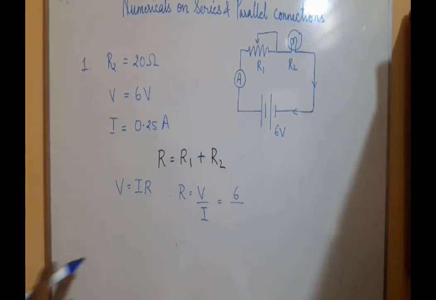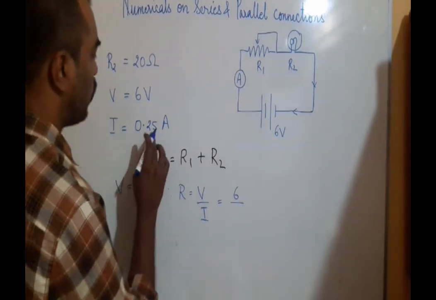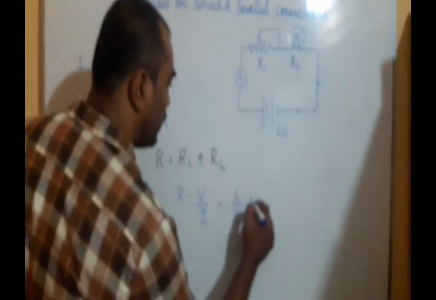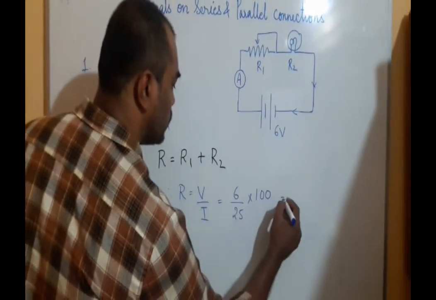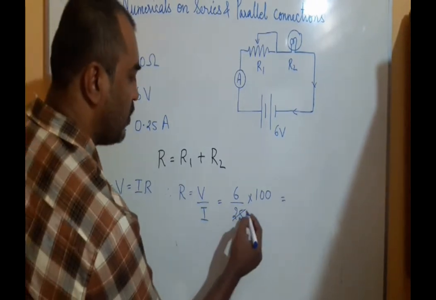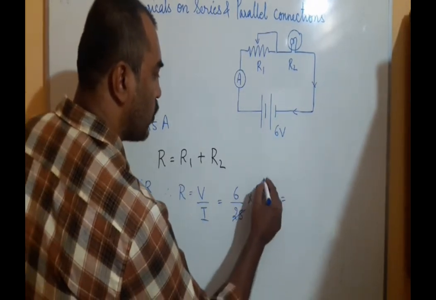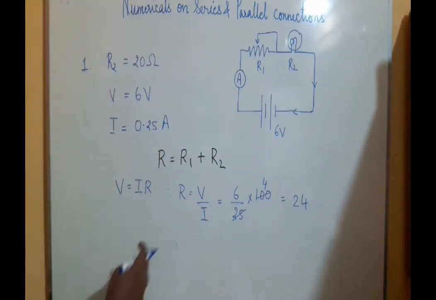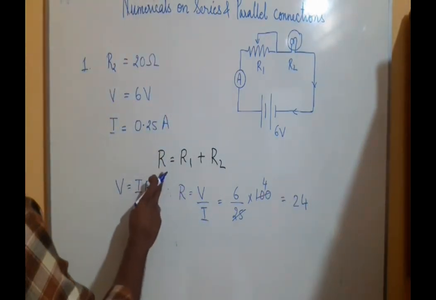And the current is given 0.25 ampere, or 25 over 100. So 25 ones are 25, 25 fours are 100. So 6 fours are 24. So the total resistance R is 24 ohm.